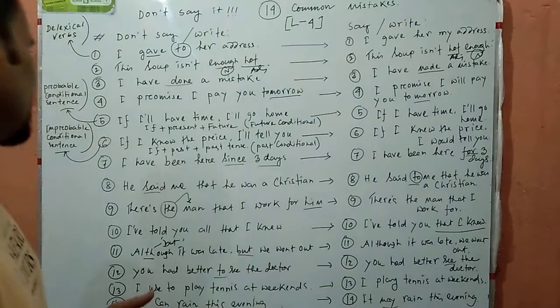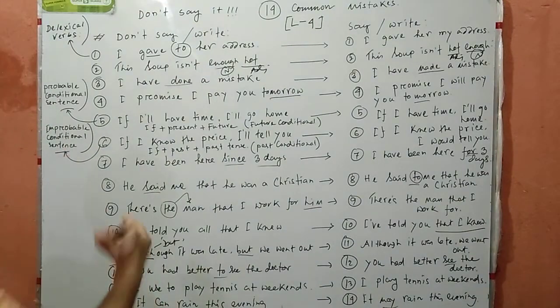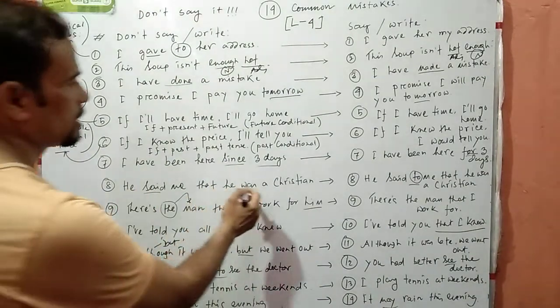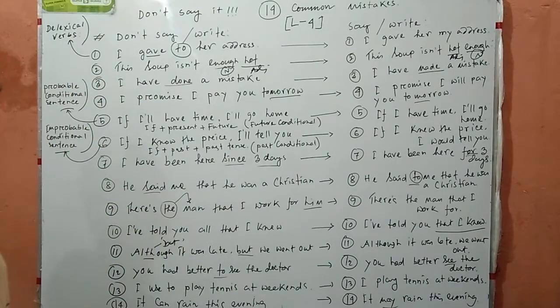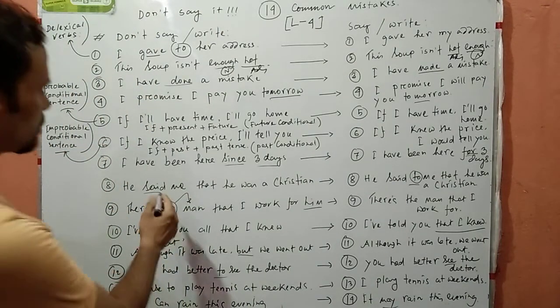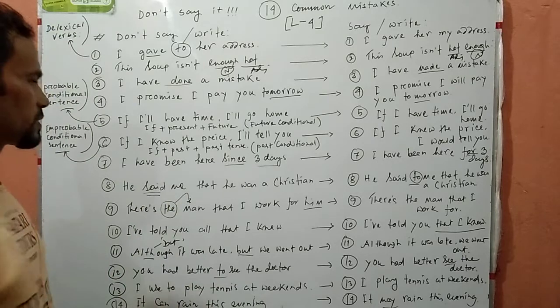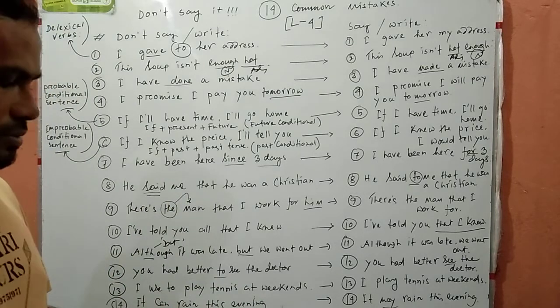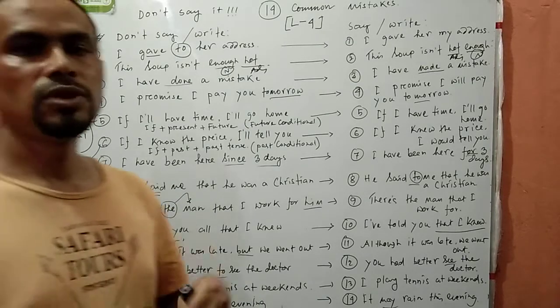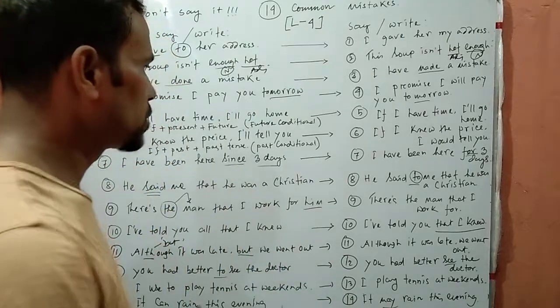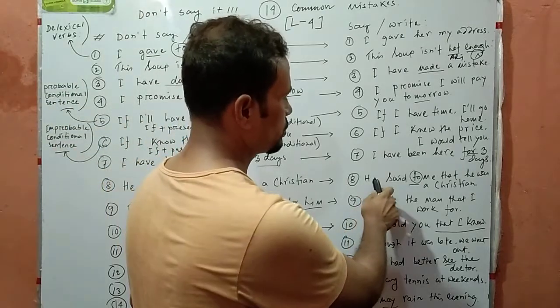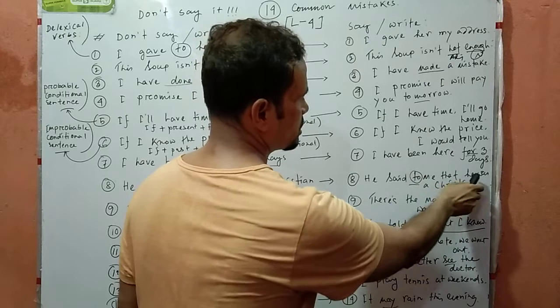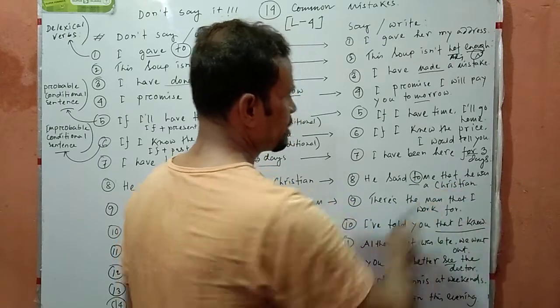Okay, so next sentence, he said me that he was a Christian. So in the case of irregular verbs, we always use to. He said to me that he was a Christian.